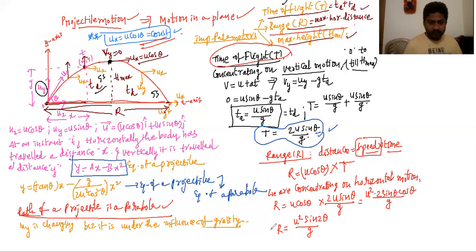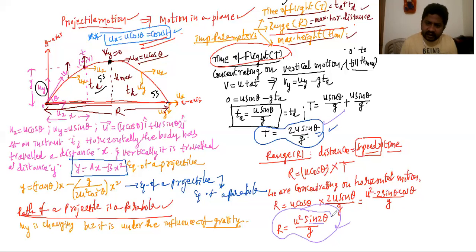You must remember the expressions whatever we are discussing. That will be very useful for solving numericals. So time of flight is 2u sine theta by g, and range is u square sine 2 theta by g. Sine 2 theta is 2 sine theta into cos theta. Okay, clear?